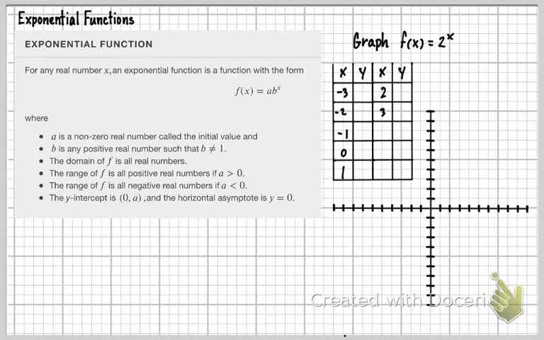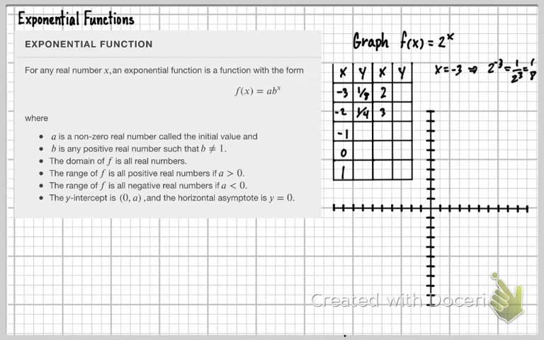That'll be enough. So that means when I plug in x equals negative 3, that's going to imply we get 2 to the negative 3, which flips the exponent to the bottom. So it's 1 over 2 cubed, which is 1/8. And then the next one's going to be 1/4.